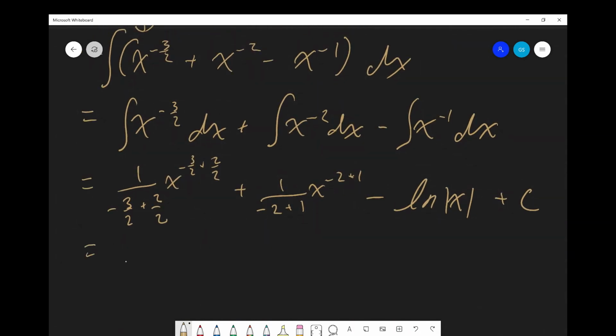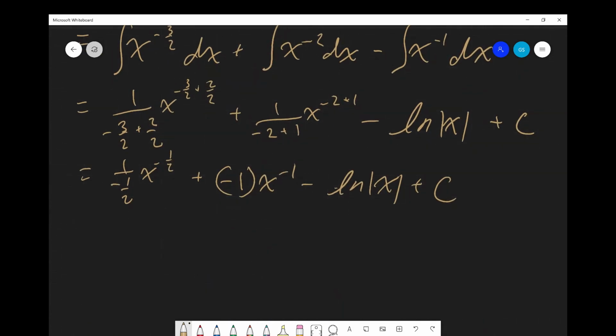And then just simplifying this all. Negative 3 plus 2, negative 1. Right. Negative 2 plus 1 is negative 1. x to the negative 1, minus this guy, plus c. And simplifying this, we have a fraction in the denominator, so the denominator of that fraction actually can just go up.